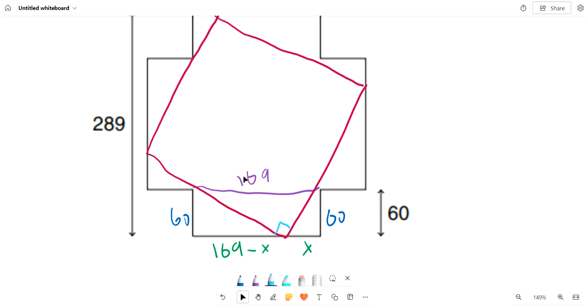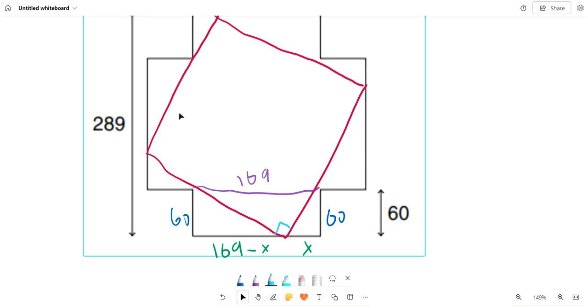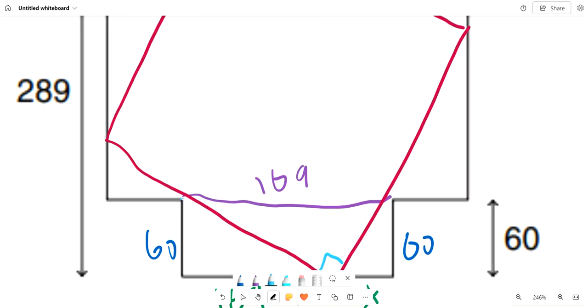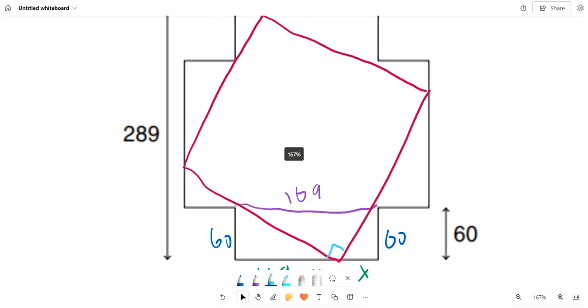And we know that this is the biggest square because it has to have one edge here and then it intersects here. So this red part is actually supposed to be on here, but I just drew it really badly.